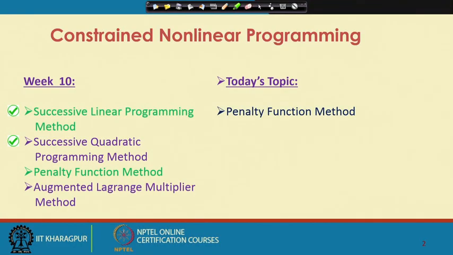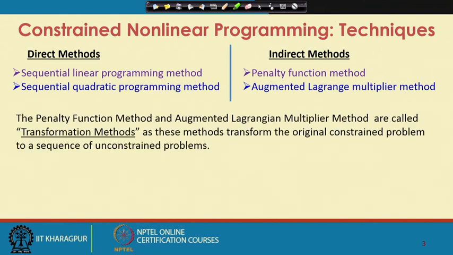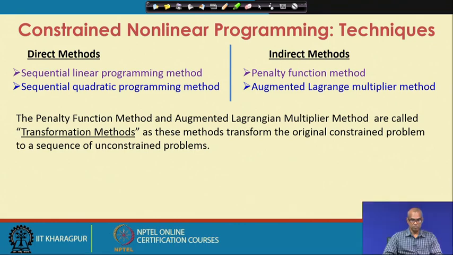Today we will see the penalty function method, which is a transformation method, and in the following lecture we will learn about the augmented Lagrange multiplier method, which is another transformation method. These transformation methods convert the original constrained problem to a sequence of unconstrained problems.